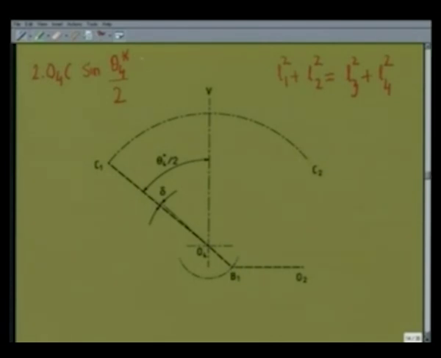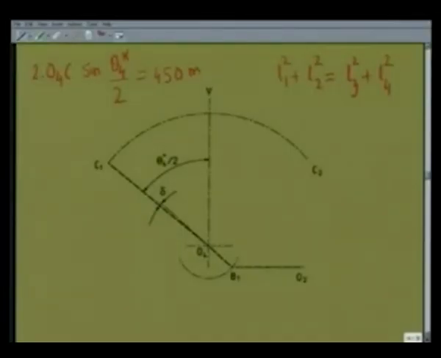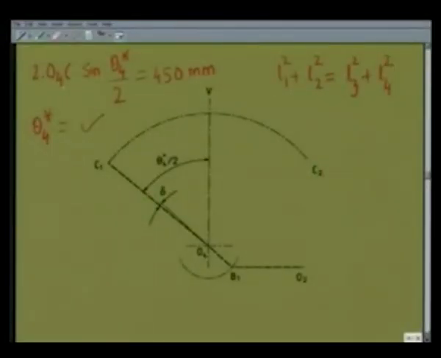This has been specified as 450 millimeter. The length O4C has not been changed, so we had it already given in the design. So substituting that value of O4C, I can find theta 4 star. So we determine theta 4 star from this equation with the given value of O4C.